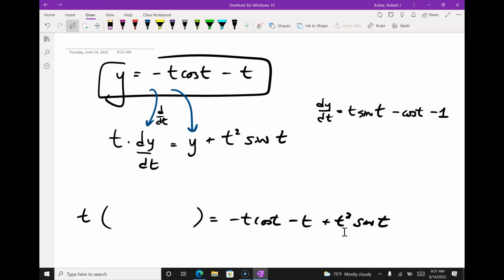Derivative of cosine is negative sine, right? Yeah. Anybody else get the same derivative? Do you want to see me do a product rule?